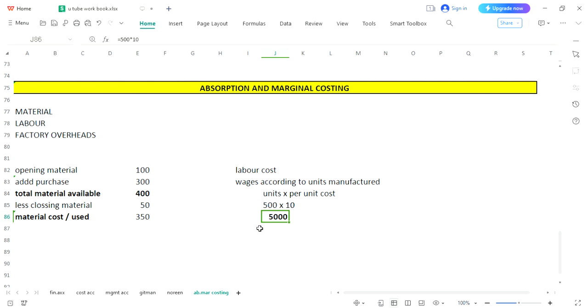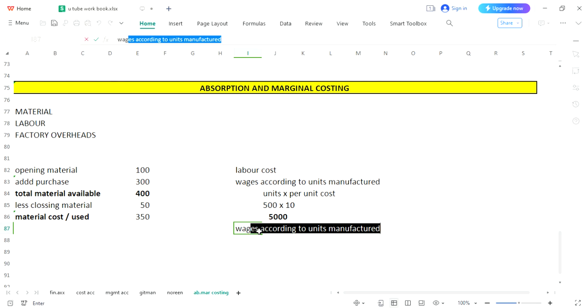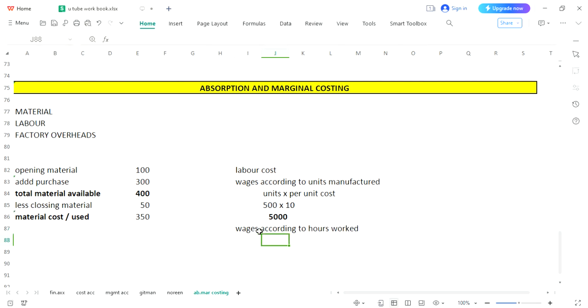It may be possible you are paying wages according to hours worked. So in this way, you will not be related to units manufactured. Here what we have said, we were related with wages according to level of production.